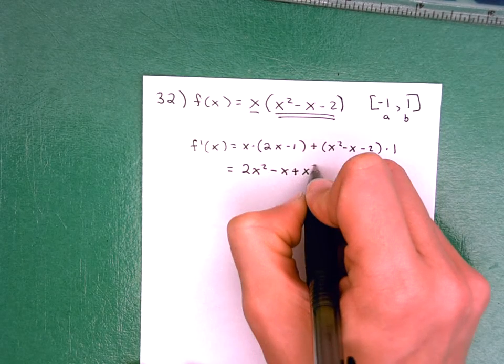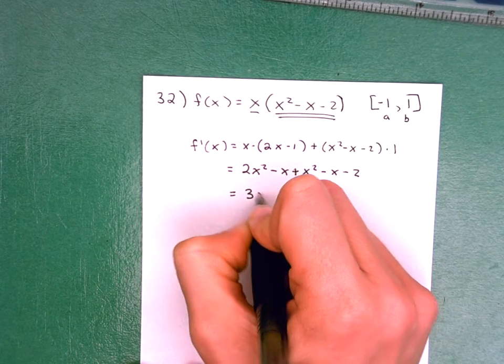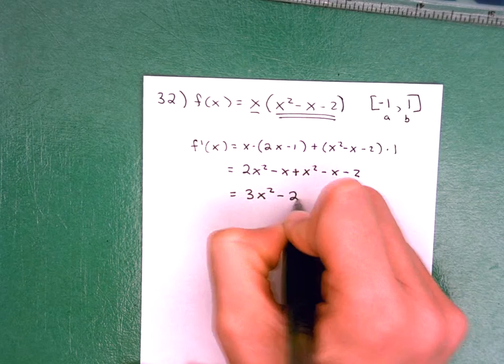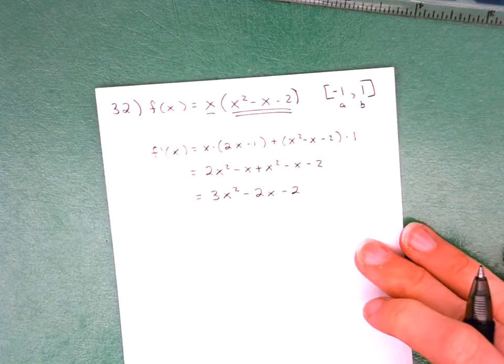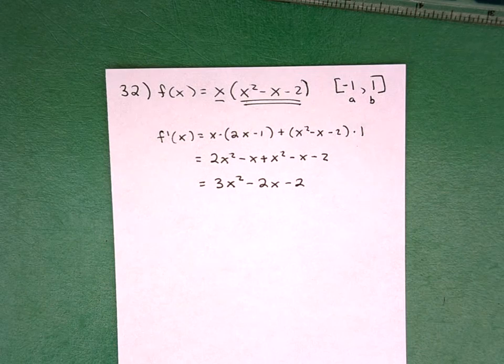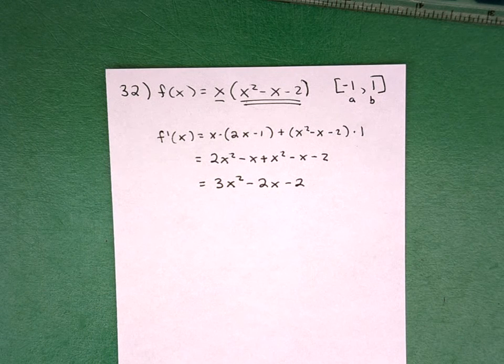The 1 has no impact on that function. And so we get 3x squared minus 2x minus 2. So that's my derivative, and with my derivative there's no denominator to set equal to 0, and there is not an absolute value, so there's no cusp of either my function or my derivative, and so I'm good to go as far as the differentiable criteria of mean value theorem.